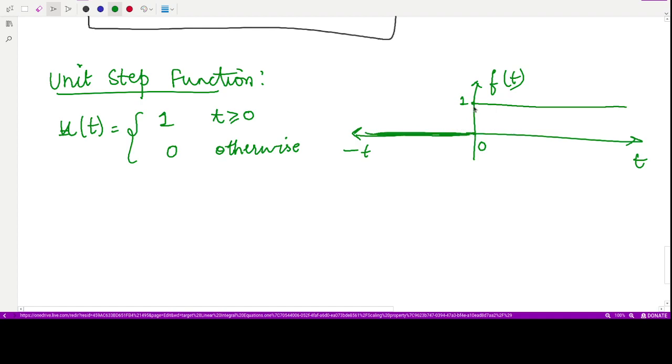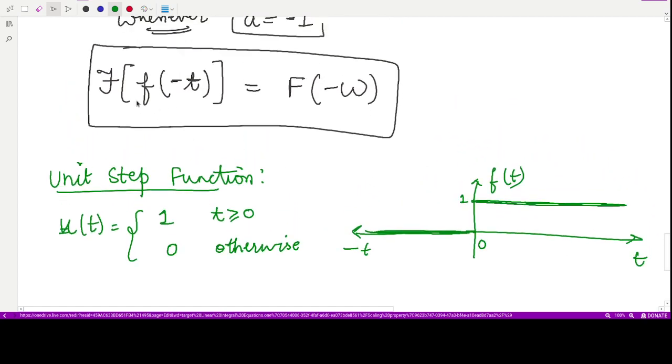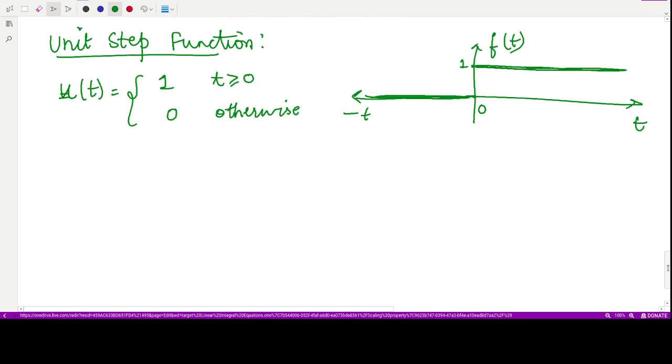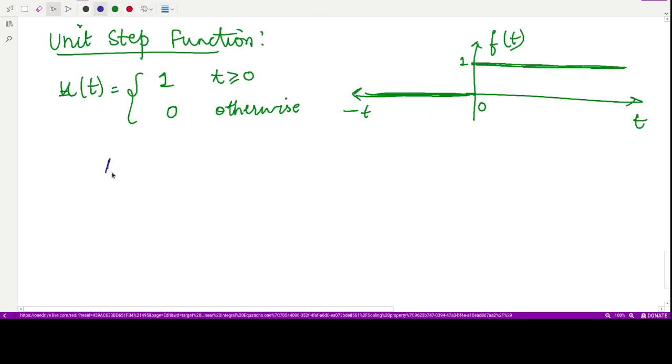So here this is your function u of t. Now what I am doing, I am just taking this function and in place of t I am replacing minus t, or you can also say I am multiplying this t by a. So you have u of minus t. So what would this become?